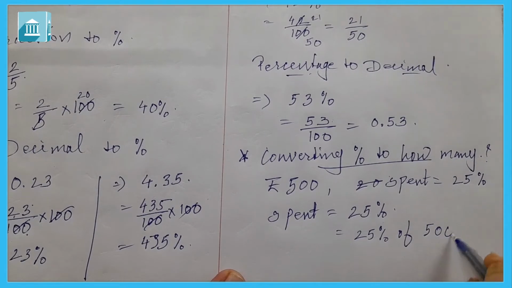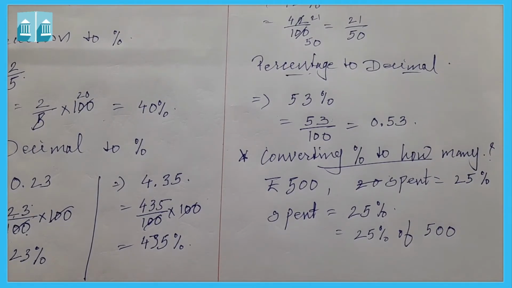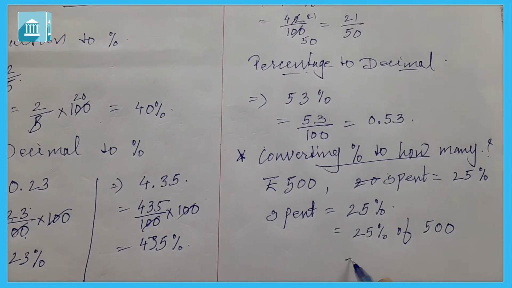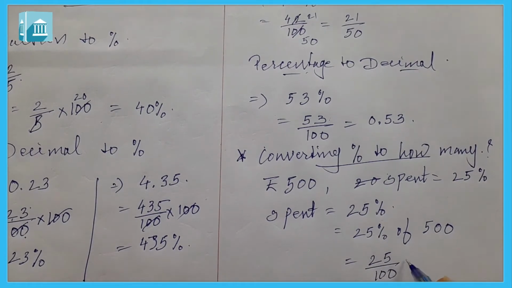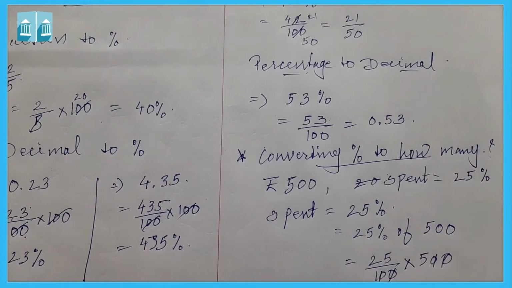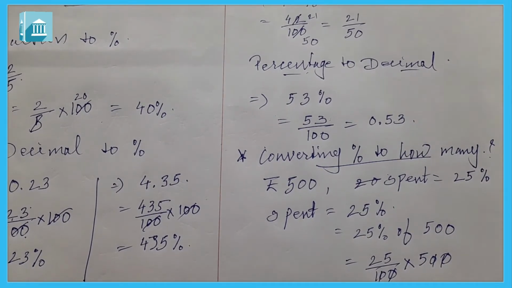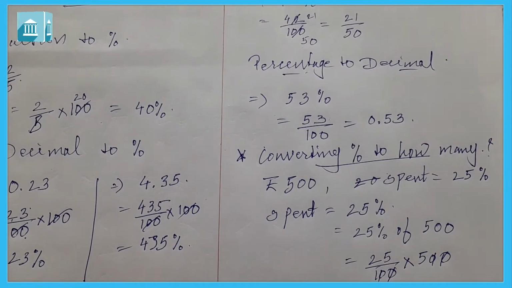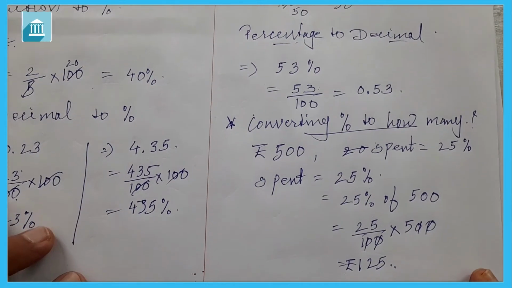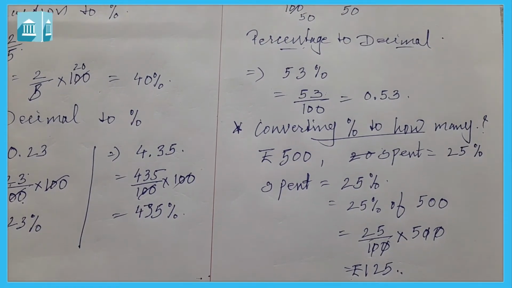The total amount is 500 rupees. I had 500 rupees, and I spent 25% of it, so 25% of 500. Now 25% means 25 per 100, and "of" is replaced by multiply. So 25 upon 100 times 500, the zeros cancel, 25 into 5, so 125 rupees I had spent. How much had I spent? 125 rupees. In this way we can find how many from a percentage.